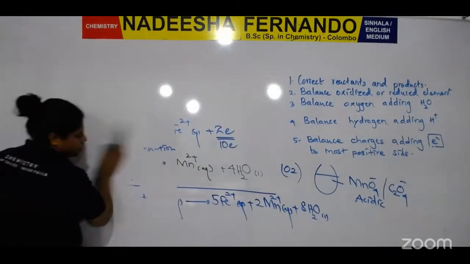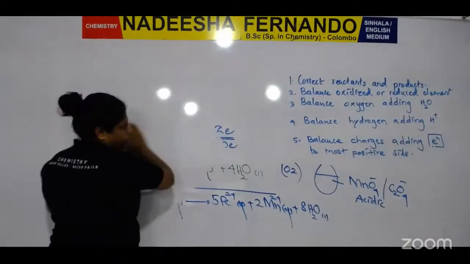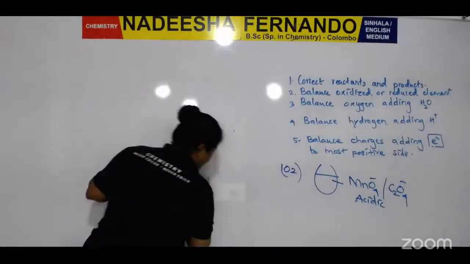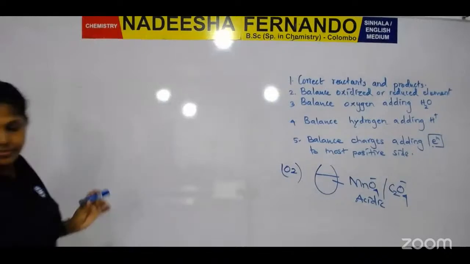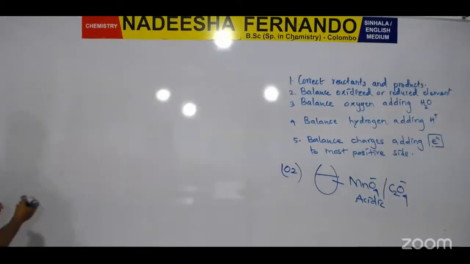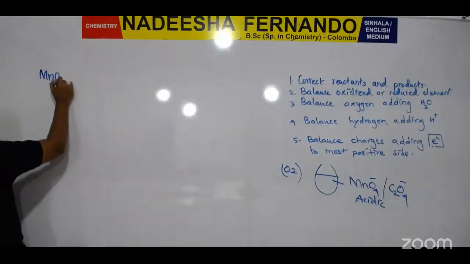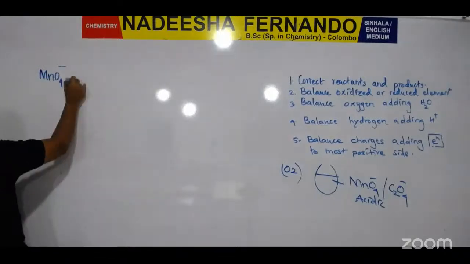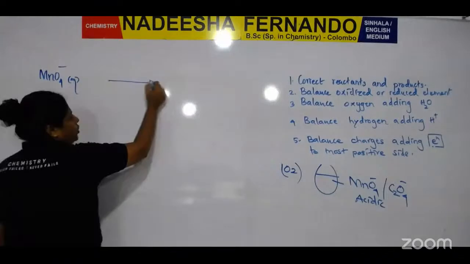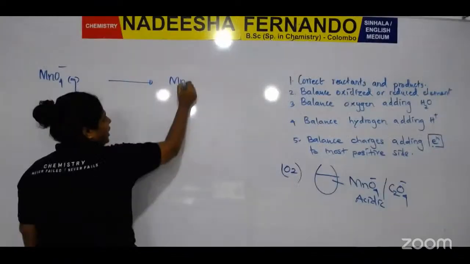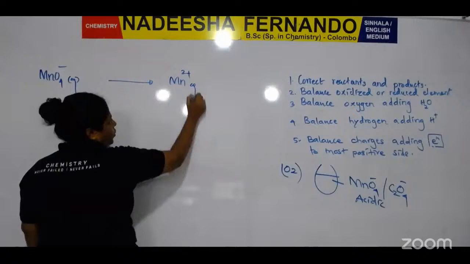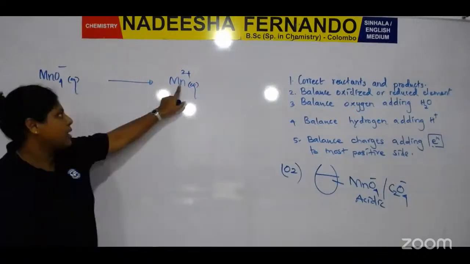Refer to the chart: what happened to MnO4 minus and what happened to oxalate ion? MnO4 minus aqueous goes to Mn2 plus aqueous. 1 manganese, 1 manganese.